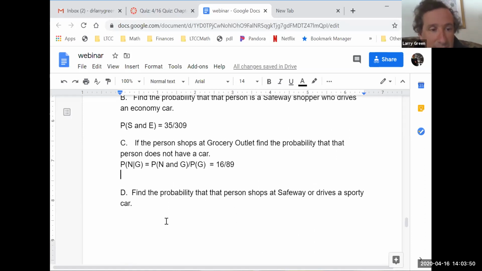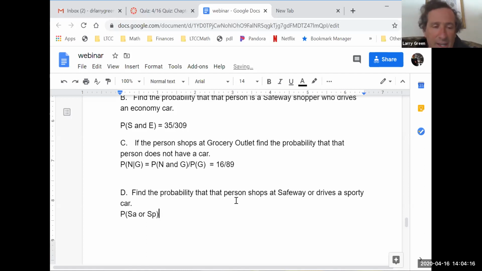Okay, next, find the probability that that person shops at Safeway or drives a sporty car. So again, that's P of S, or let me write SA because sporty starts with an S also. SA or SP.